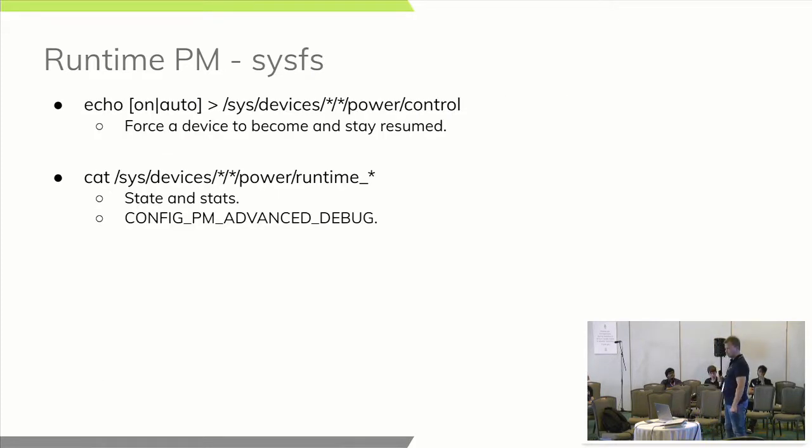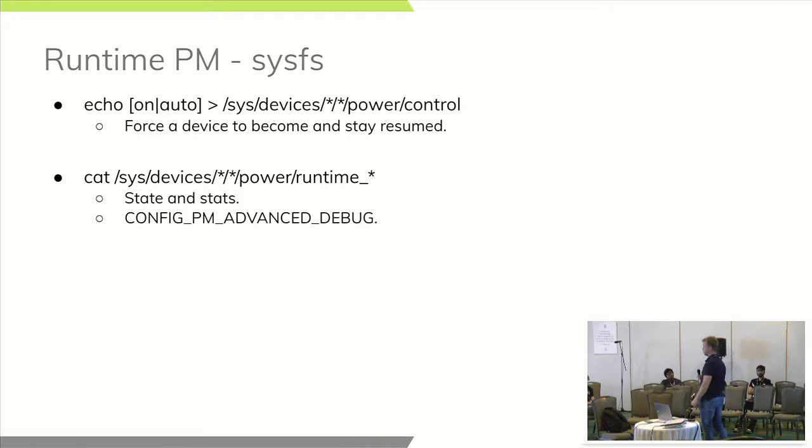So that's what the auto suspend interfaces help you with. And there is a sysfs interface to control whether you want the device to stay always resumed or if you want it to be dynamically changed. That's there mainly because of bugs, I would say. Some devices didn't really work out well, so they need to stay powered on always. The more interesting thing is probably the states and stats, I would say.